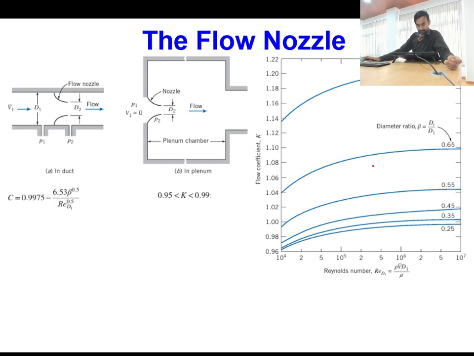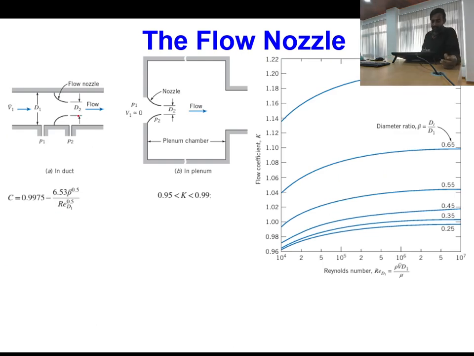Okay. Similar to this, we can have a flow nozzle, and we can put it inside a duct or inside a plenum chamber, and these are the corresponding values of the flow coefficients. The variation of flow coefficient as a function of Reynolds number and beta is also shown over here. Here we can say that for Reynolds number greater than 10 to power 6, our flow coefficients are almost independent of the flow conditions.